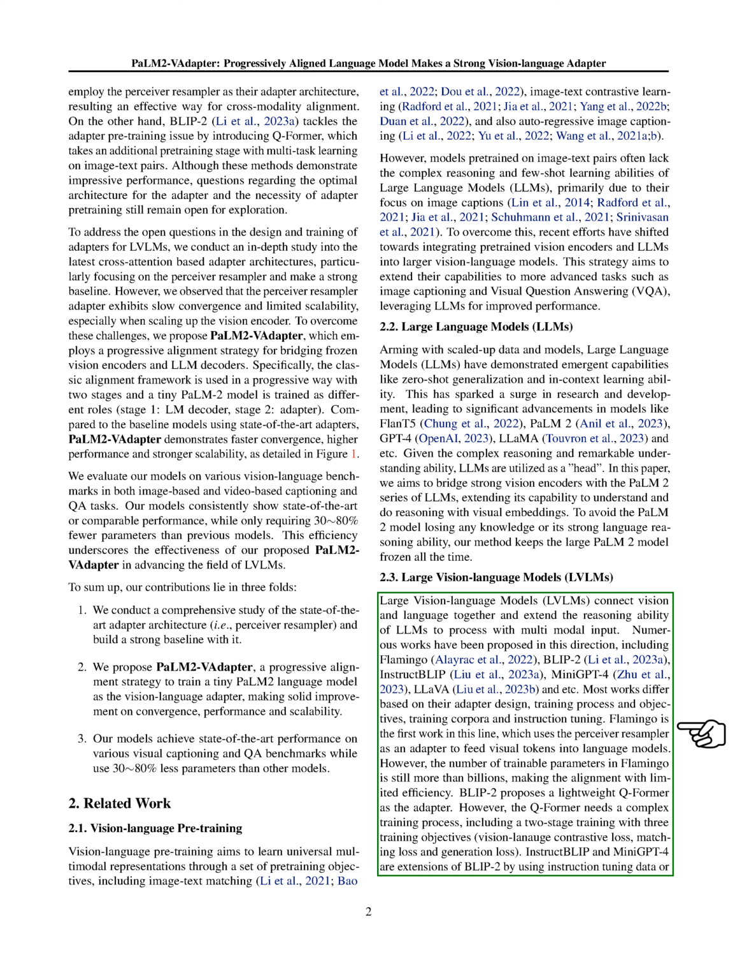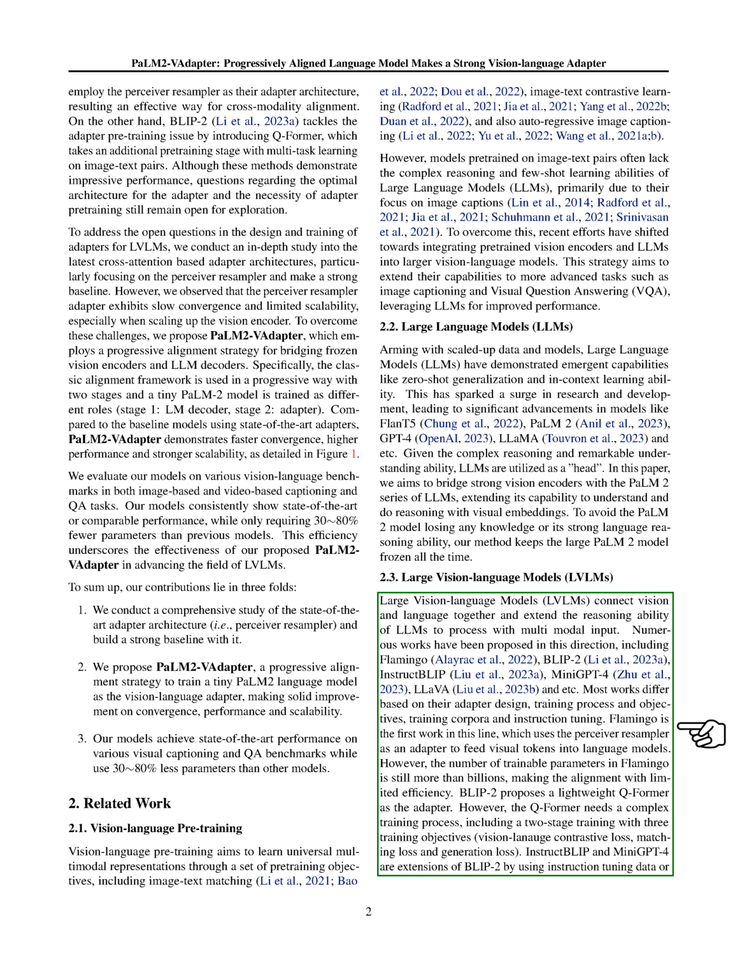Flamingo stands out as the pioneering model in this domain, employing a perceiver resampler as an adapter to integrate visual tokens into language models. Despite its innovation, Flamingo's architecture comprises billions of trainable parameters, which somewhat hampers its efficiency.